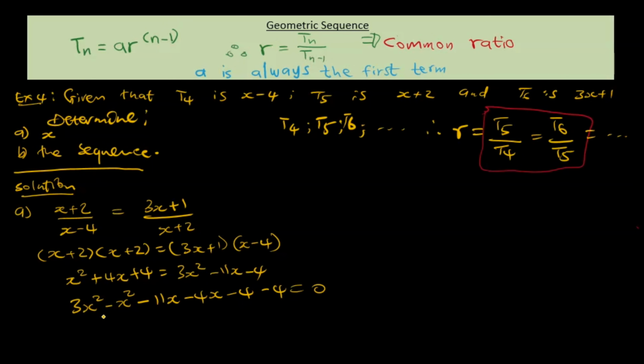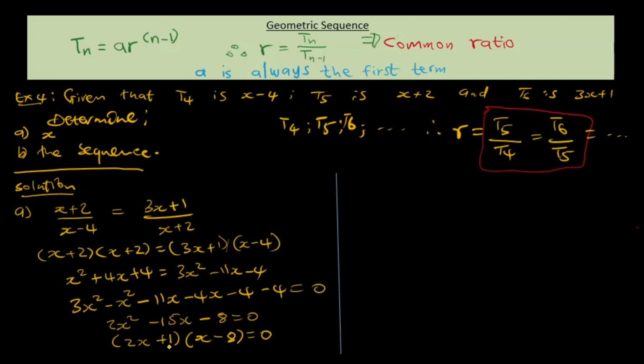All right, so grouping like terms, this will give you 2x squared minus 15x minus 8. Okay, so this factorized will be 2x plus 1 times x minus 8 equals 0, right? Let's continue.